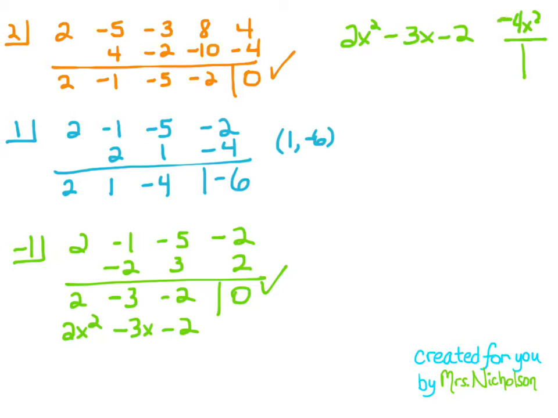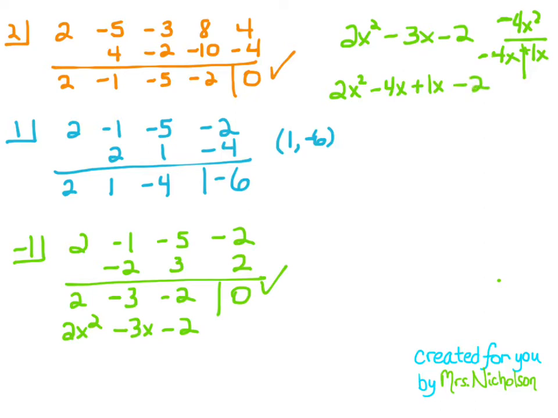And in this case, since it's negative, we want to subtract. So that would be 4x and 1x. And if I'm going to get negative 3x in the middle, I need a negative 4x and a positive 1x. So I'm going to rewrite my quadratic as 2x squared minus 4x plus 1x minus 2.